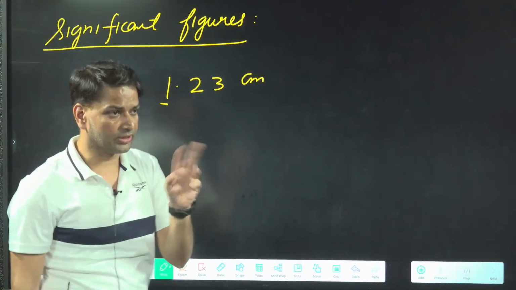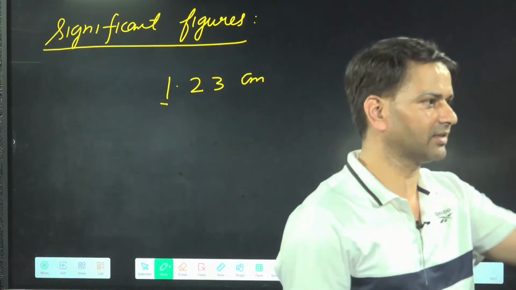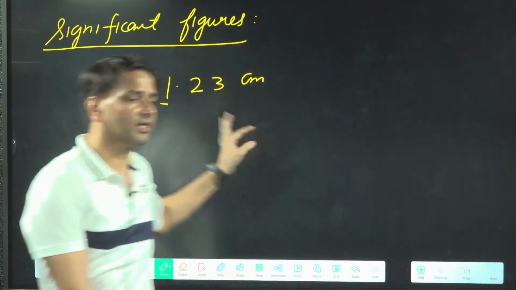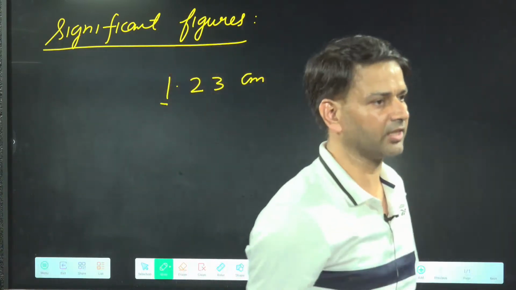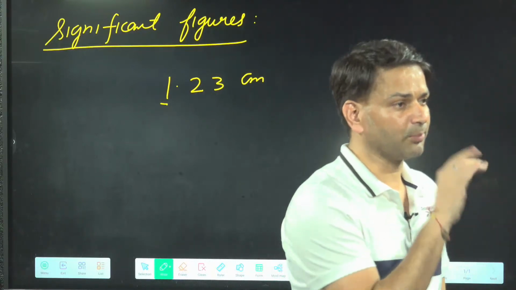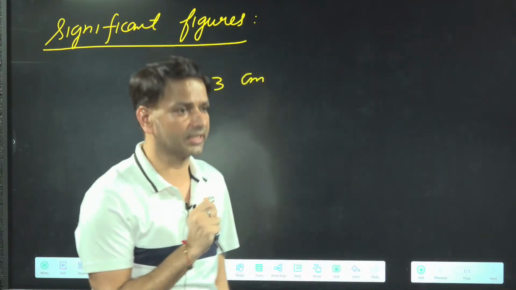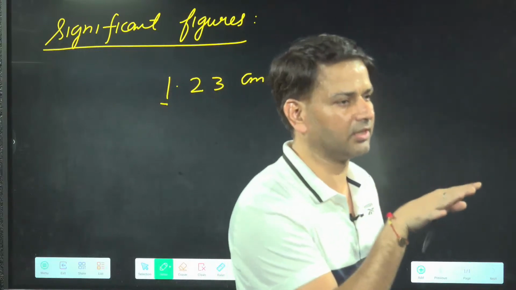So 1 and 2 are certain digits. In the third digit, maybe it is close to 4 but you say it is 3, or maybe it is just crossing 2 and you say it is 3. So the problem is only with the third one. Here 1 and 2 are the certain digits and 3 is the uncertain digit. So uncertainty is in the third digit.